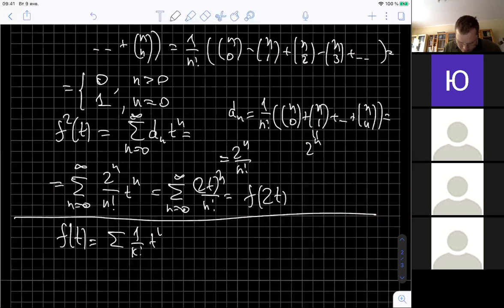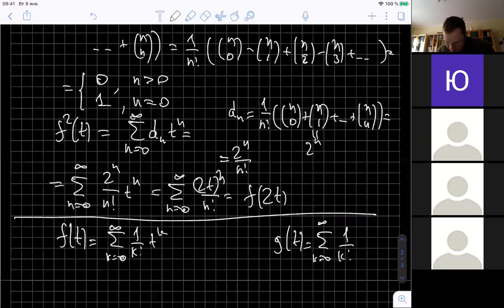And I think you're familiar with this, because if you look closely at what I wrote, what is this formal power series? Do you remember which function is written as the sum of 1 over factorials?